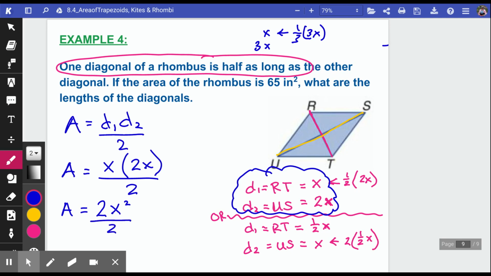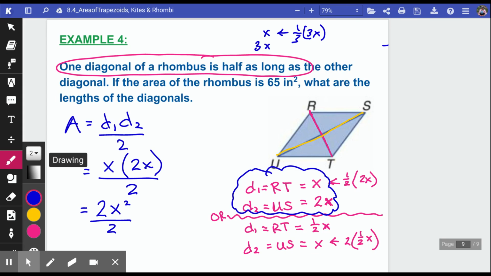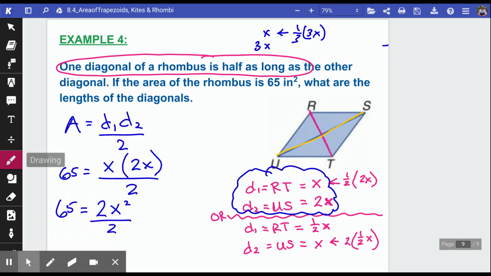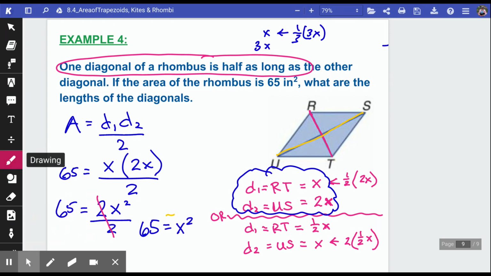Oops, I forgot to put in my A. Area is 65, and kind of lucky here that my 2's would cross out. So now I have 65 is equal to X squared. Well, how do I get rid of an X squared? I square root it.